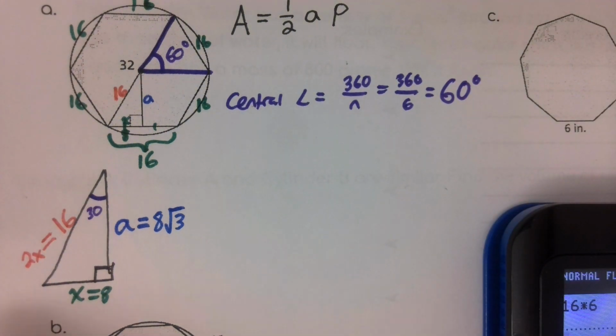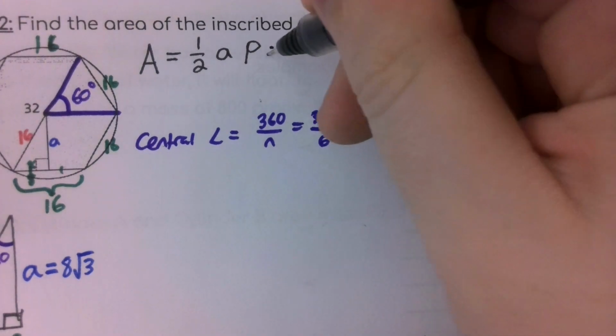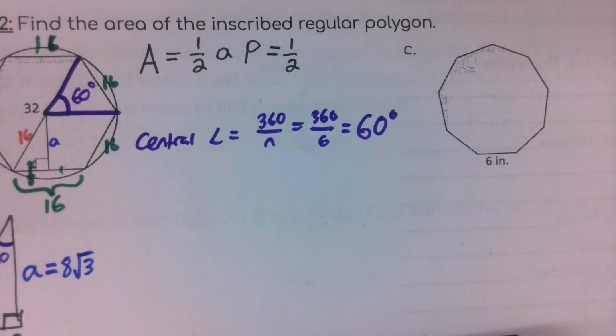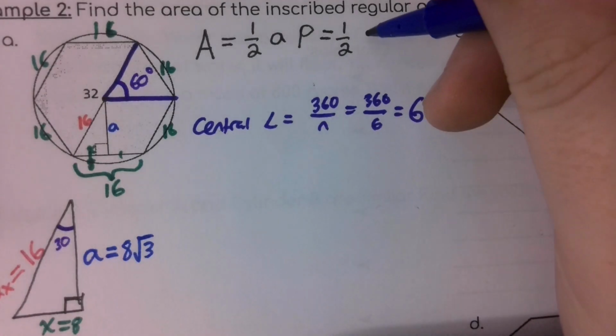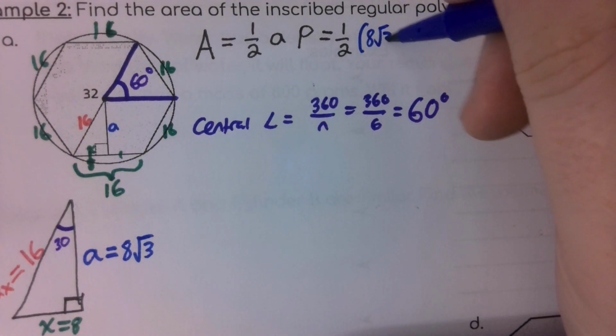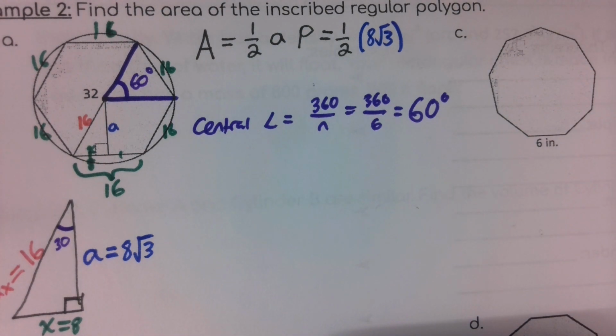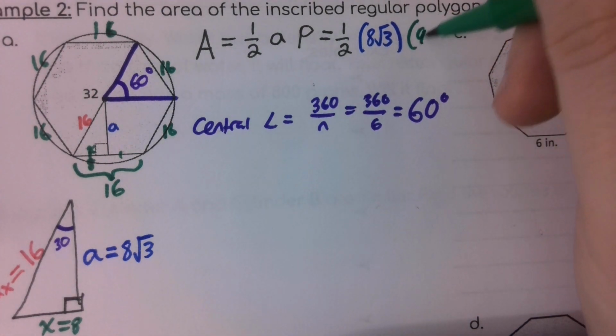And our apothem is 8 root 3. So we have everything we need. 1/2, our apothem, our a value, was 8 root 3. And our perimeter, we found, was 96.